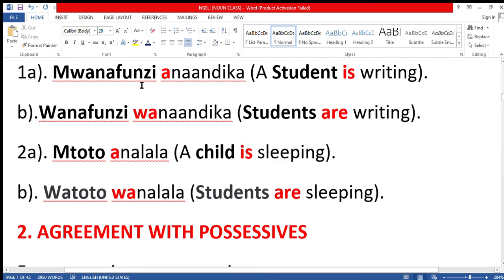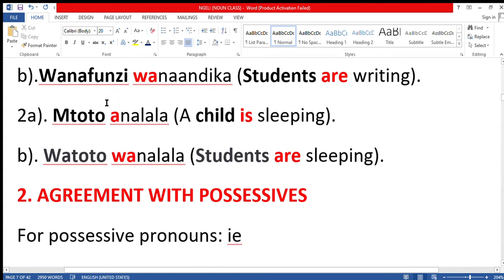Mwanafunzi anaandika. A student is writing. I hope I didn't confuse you on this. Then wanafunzi wanaandika. Andika is a verb. Wa is a prefix for the pronoun, and it agrees with the noun class in plural form. Then na here is a tense, present tense. Wanafunzi wanaandika. Students are writing.